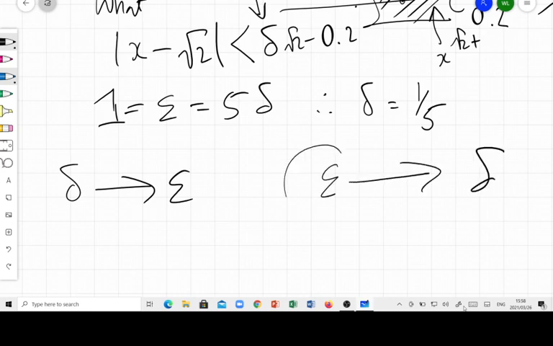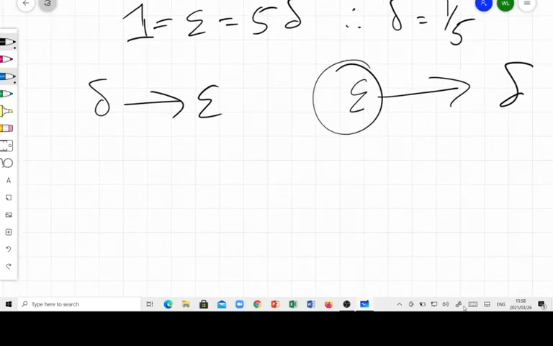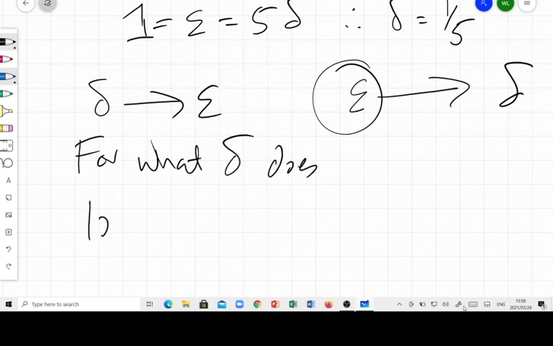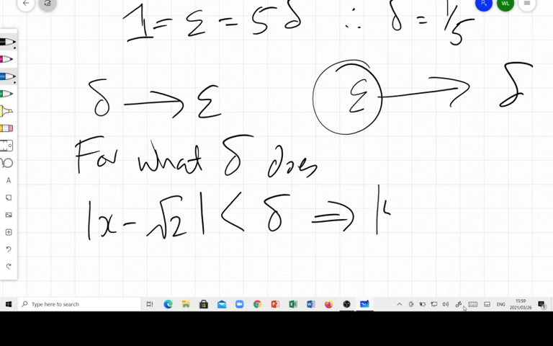So let's solve this for the general case. For what delta does x minus square root of 2 being smaller than delta guarantee that 5x minus 5 square root of 2 is smaller than epsilon?